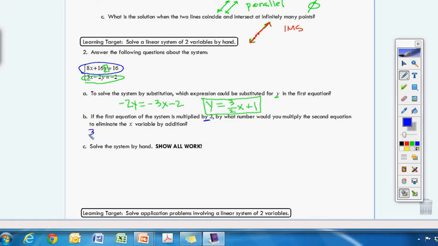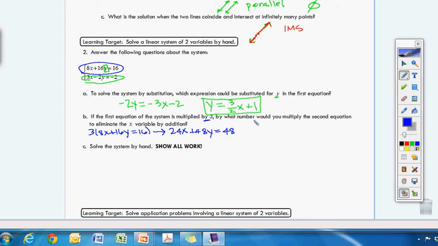So I have 3 times 8x plus 16y equals 16. I'm going to distribute everything. This turns into 24x plus 48y equals 48.